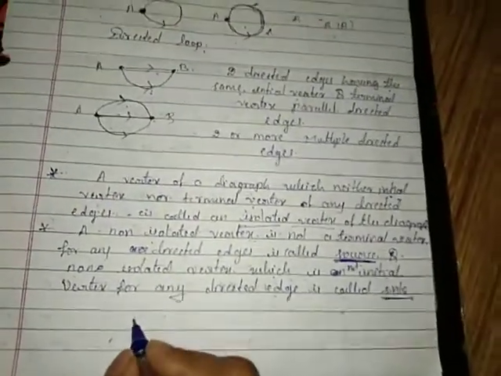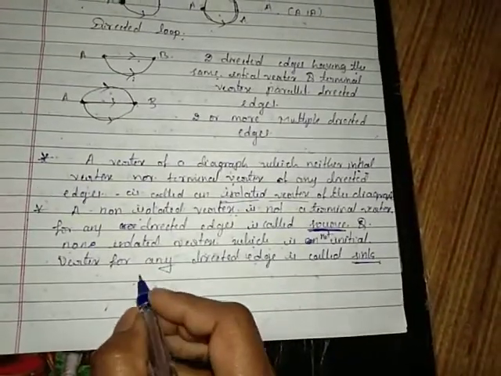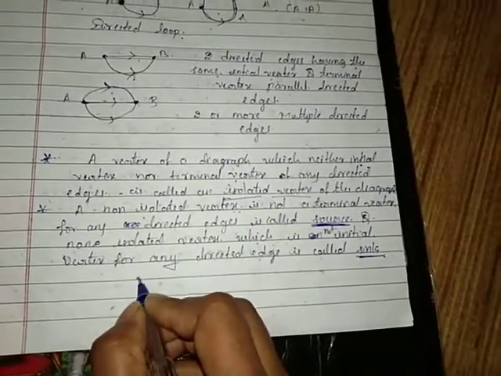Here I am giving a clear idea of isolated vertex, source and sink with this example.